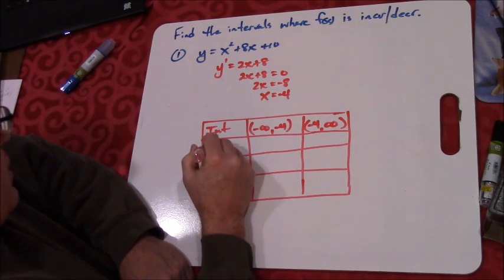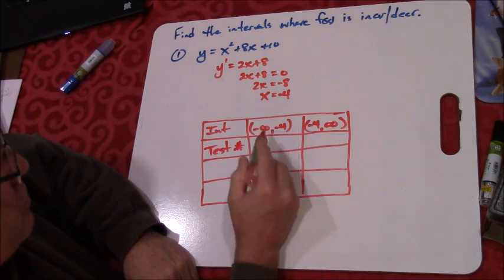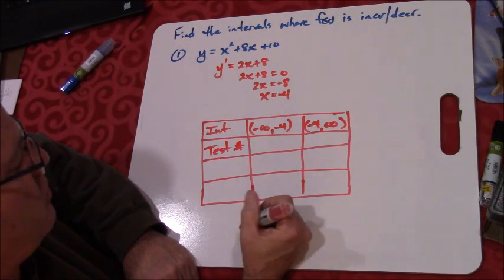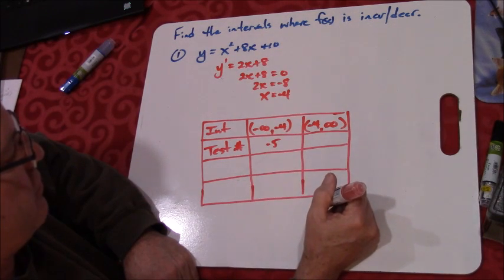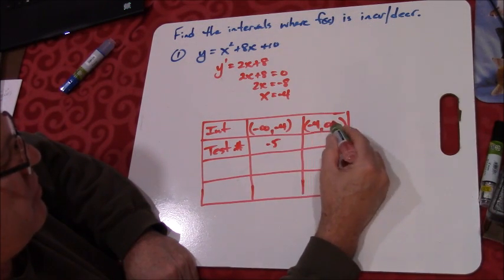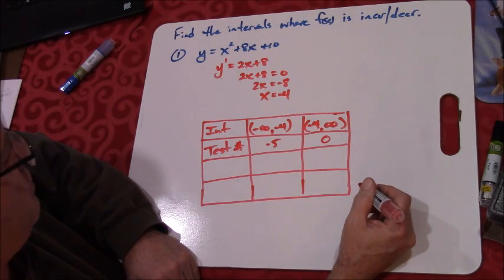So let's see. Now I have test numbers. You can pick any number you want. It just needs to be in the interval negative infinity to negative 4. Seems like the easiest one would probably be negative 5. And the easiest number in the other interval, probably 0. Although some people might think 1 is pretty easy. All right?